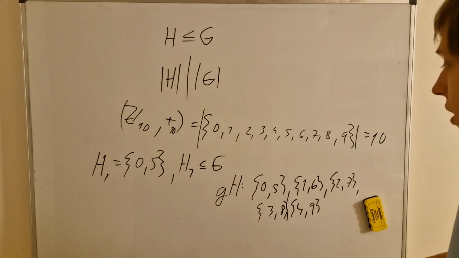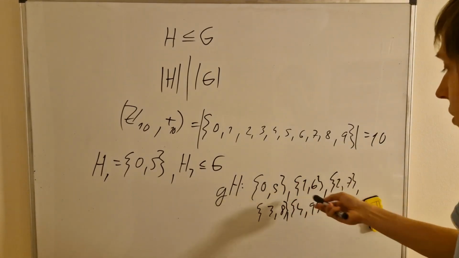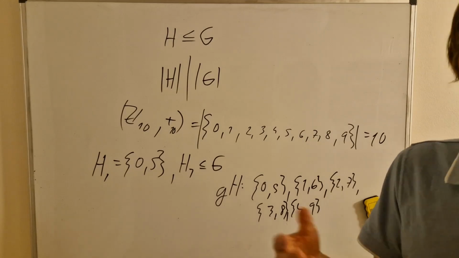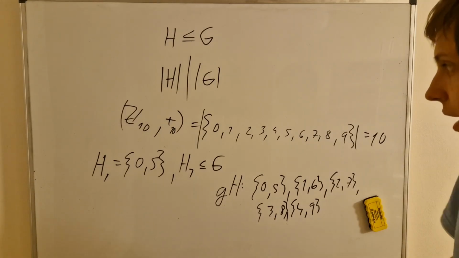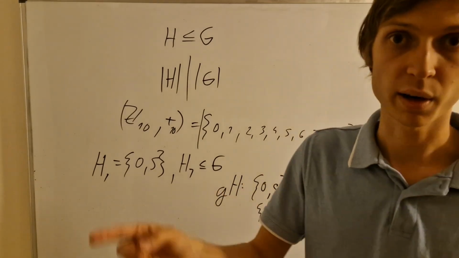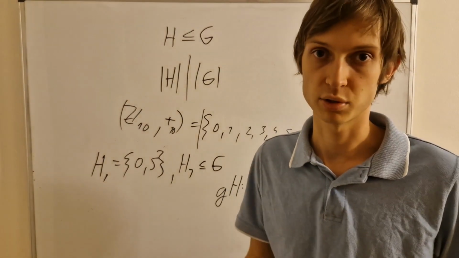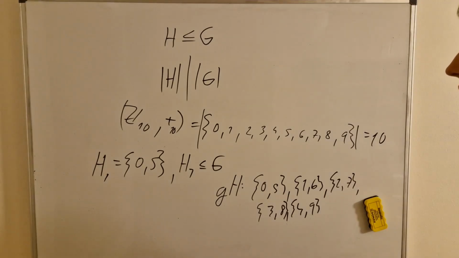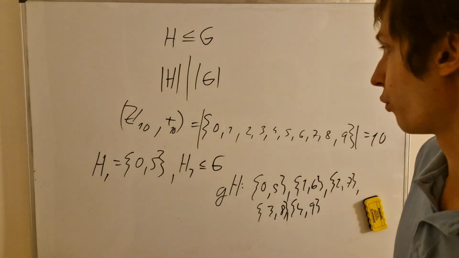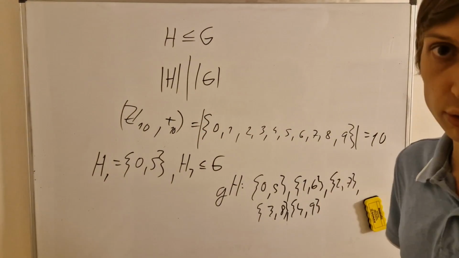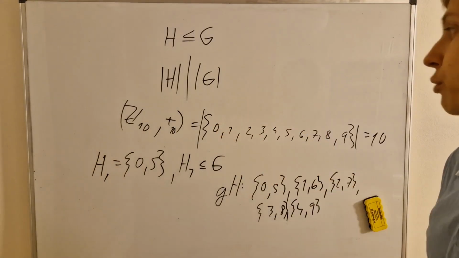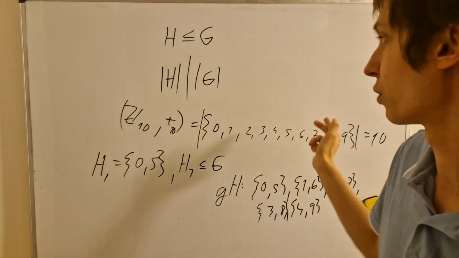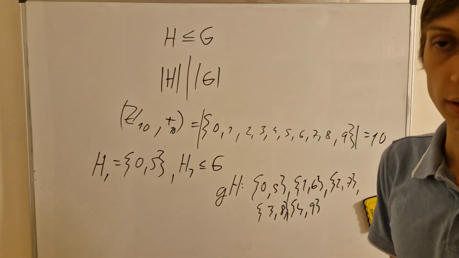All right, so the moment they start repeating, we don't count them anymore. So if we count cosets, which are basically, again, taking one element from G and running it in operation with all elements of the chosen subgroup, the number of these cosets is going to divide the order of the group, and that's true. We have 5 and it divides 10. The order of the original group G is 10.